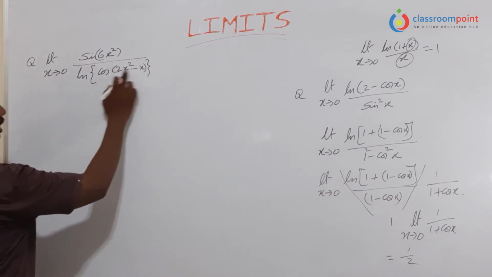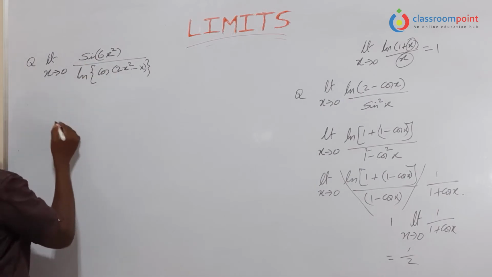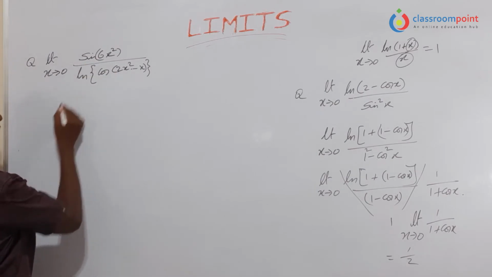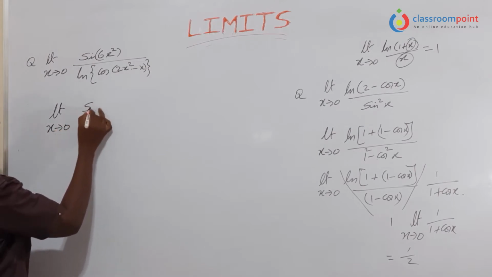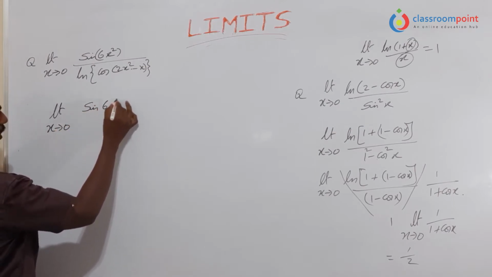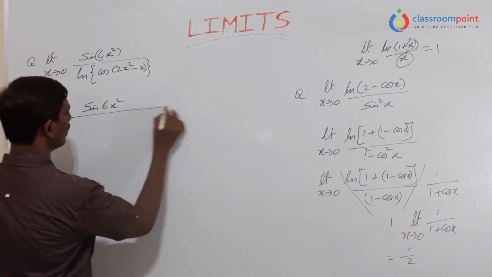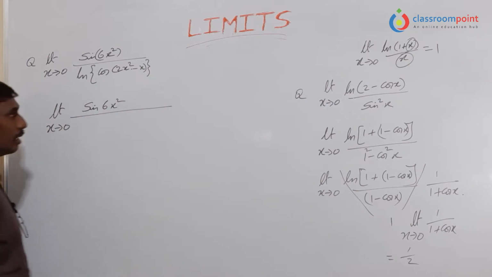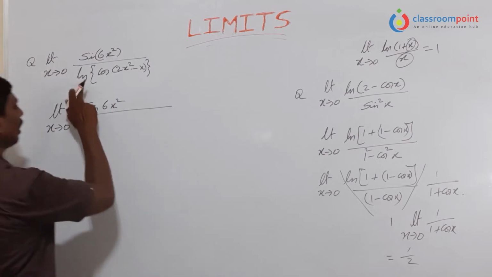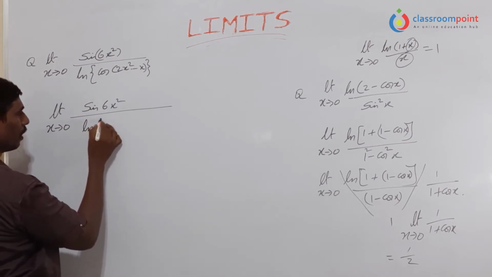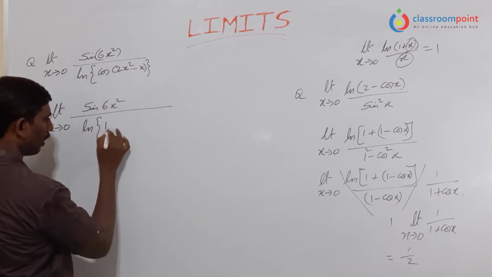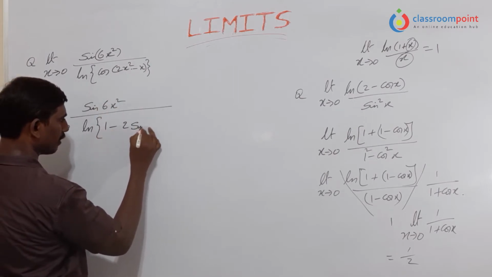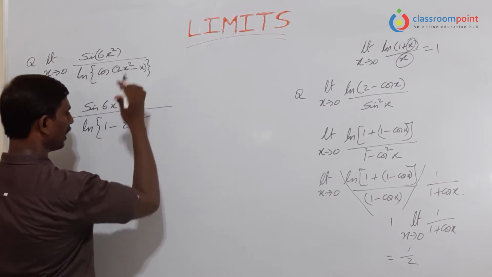In the place of cos a, limit x tends to 0, sin of 6x square is as it is, no changes. Right now, ln of cos a written as 1 minus 2 sin square a by 2.